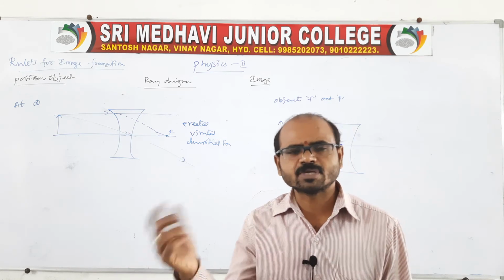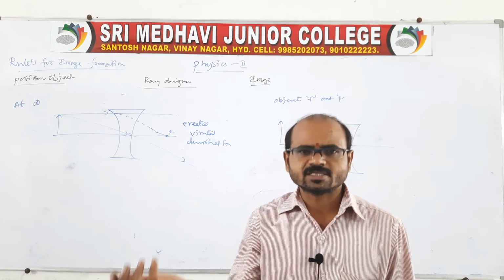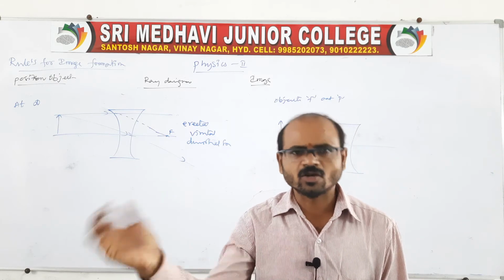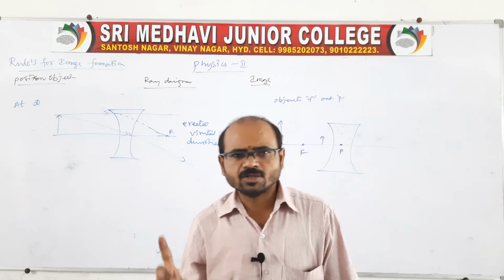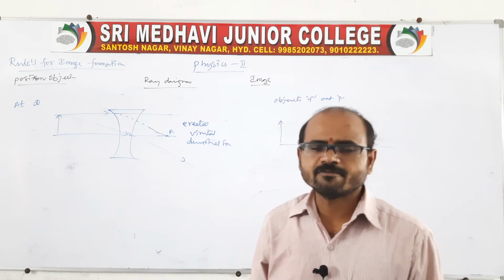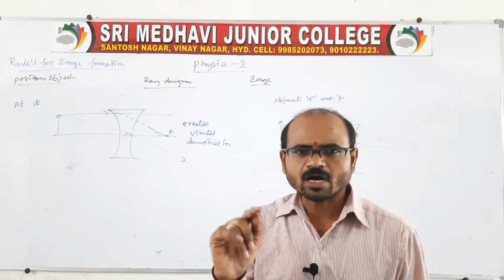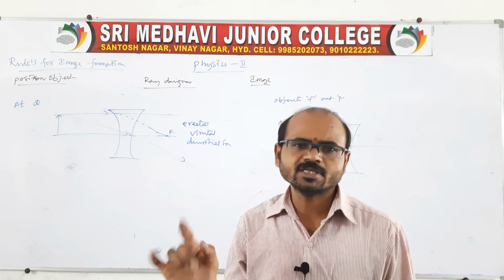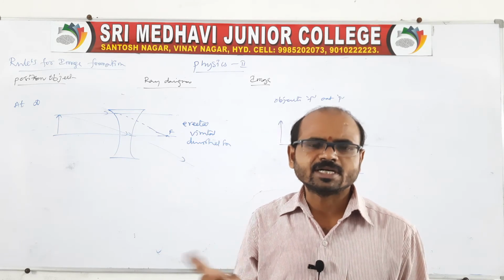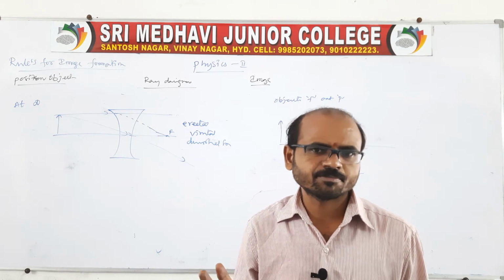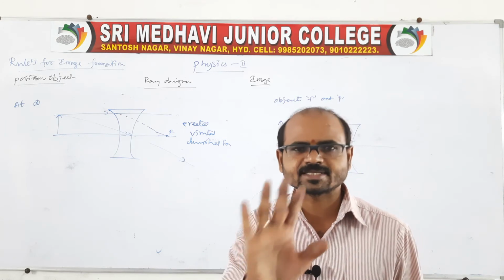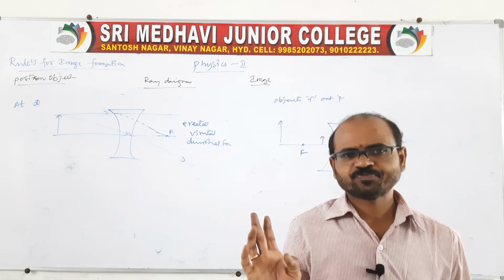Sometimes it is diminished, sometimes the same size, and sometimes enlarged. The one exception is when the object is between the optic center and the focal point; then the image will be erect, enlarged and virtual. This is the conclusion related to the convex lens.